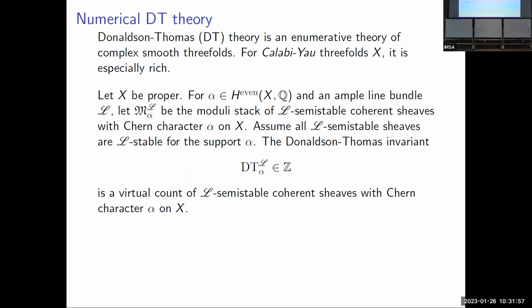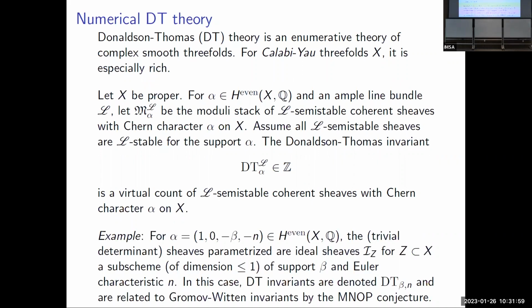Next. The initial interest in DT theory was via its connection to Gromov-Witten theory. For certain supports, the relevant moduli spaces are spaces of ideal sheaves. Also in the Calabi-Yau case, if you assume that H^1 of X is trivial, they can be identified with Hilbert schemes of curves on your threefold.